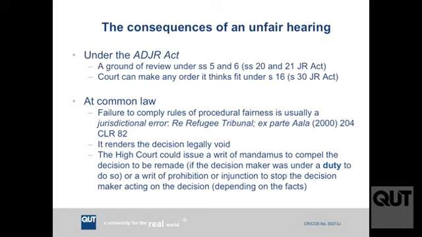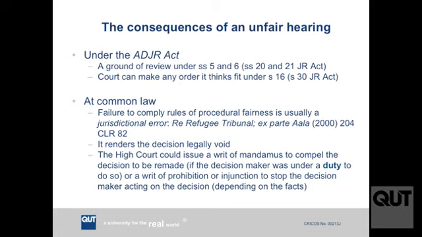So under the ADJR Act, natural justice is a ground of review under sections 5 and 6, and the equivalents are in sections 20 and 21 of the JR Act of Queensland. In terms of remedies, the court can make any order it thinks fit under section 16 of the ADJR Act and under section 30 of the JR Act of Queensland.